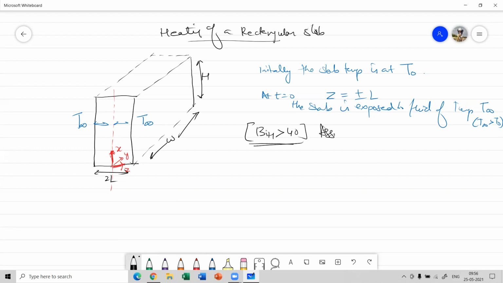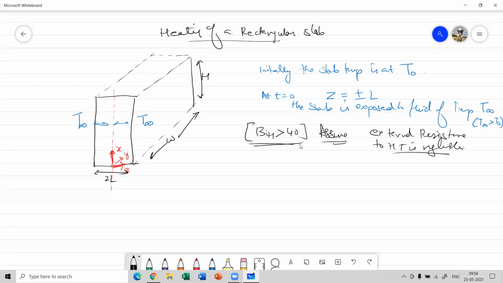That means at the surface in contact with the fluid, the external resistance to heat transfer is negligible, and in that case the Biot number is greater than 40.